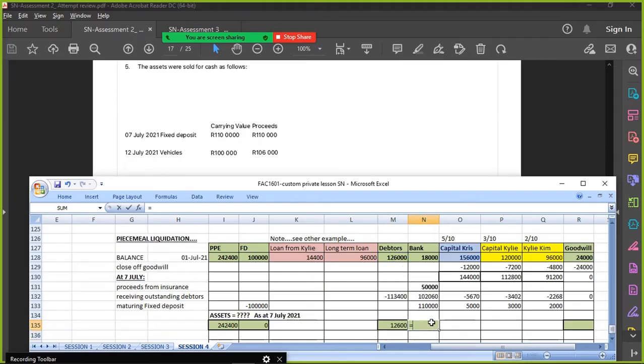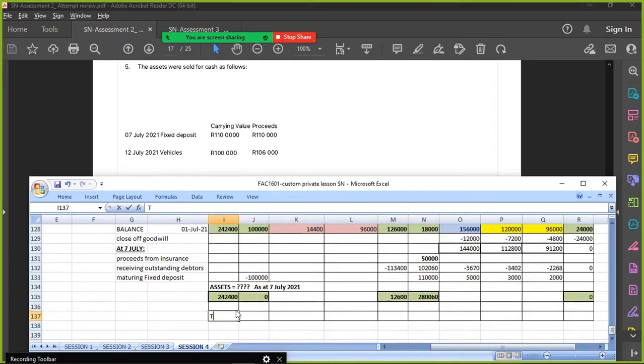The bank would be the 18 plus the 50 plus the receiving amount plus the deposit actually. Okay, and then that would be 0. So total assets at 7 July before distribution to the partners is going to equal the sum of all of these.